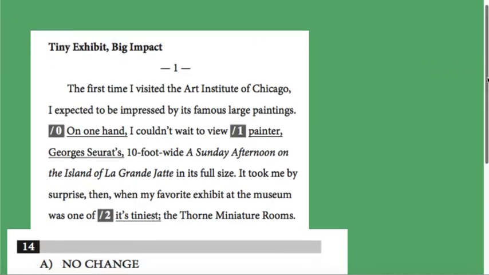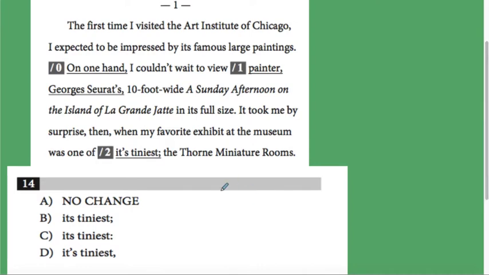Here's another example. Number 14. I look at it very carefully and I see that I'm being tested on punctuation: commas, colons, and semicolons, but also on its and it's with the apostrophe, so it is.